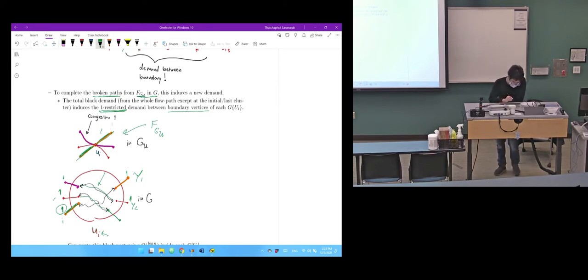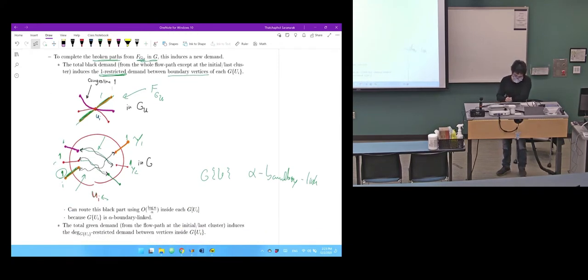And now if you want to route this demand, what is the condition? Given that GU is alpha battery linked. Right. It's going to be 1 over alpha and log n factor.